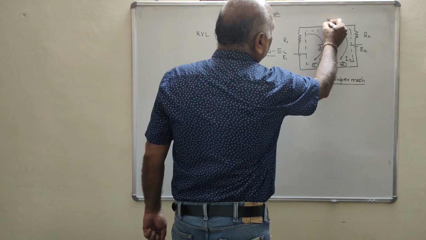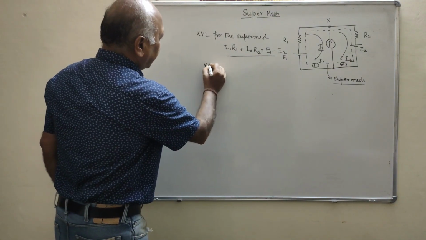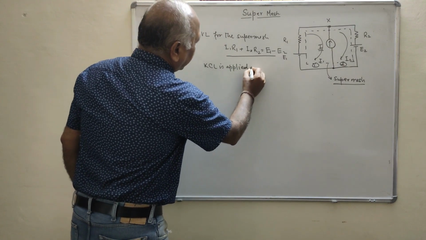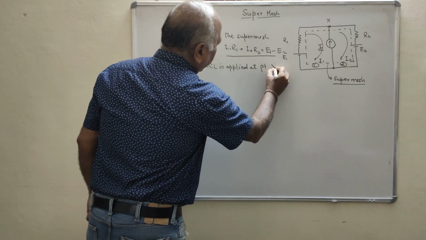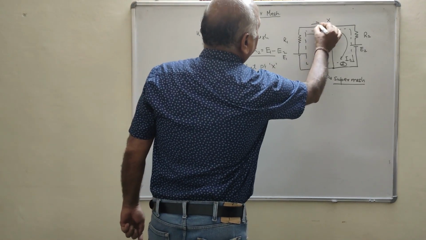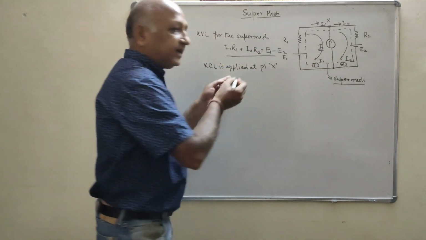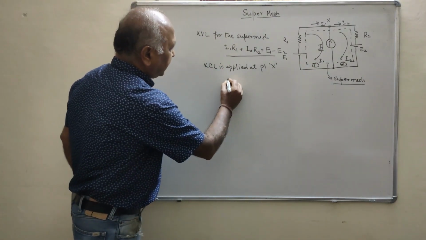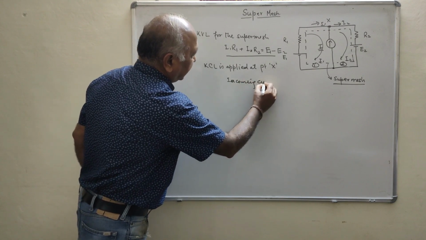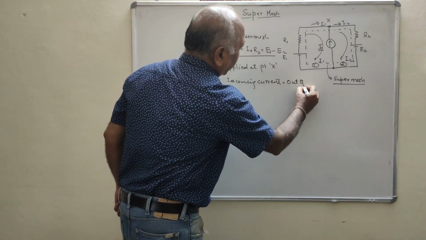So the KCL is applied at point X. This is I1, and this is I2. KCL says the incoming current is equal to the outgoing current.